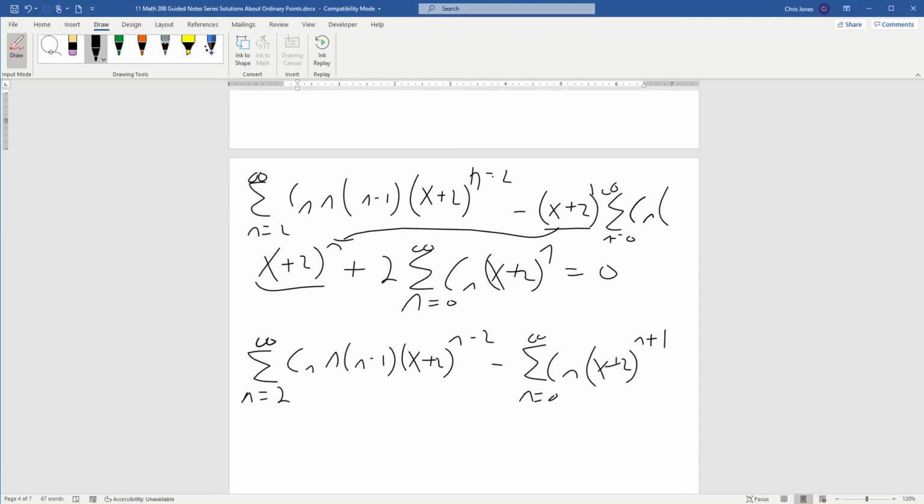So that's a distribution of x plus 2 back in there, and then plus 2 series n equals 0 to infinity, c sub n (x plus 2) to the n equals 0.